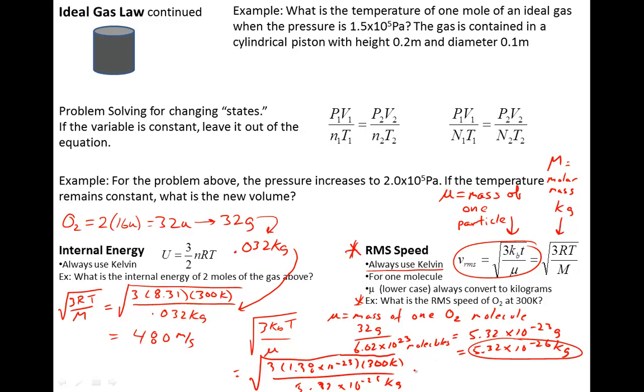And that answer also comes out to be about 480 meters per second.